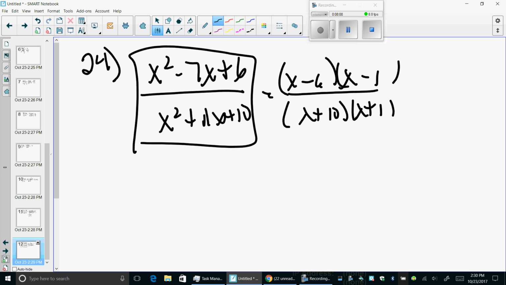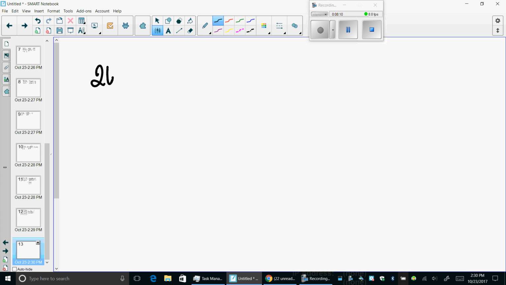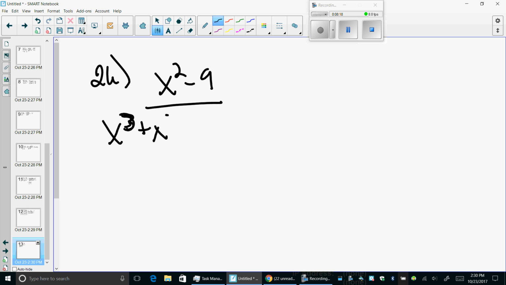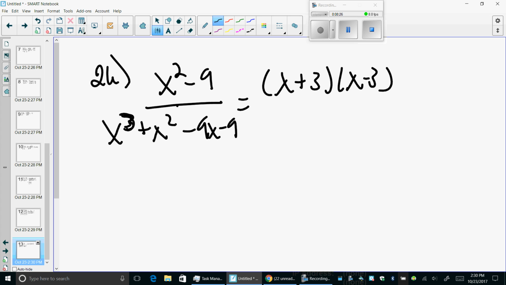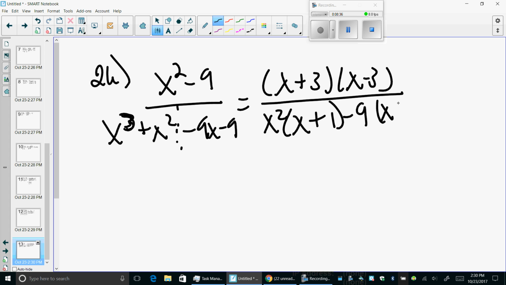Nothing can cancel. 26. The top is x squared minus 9. The bottom is x cubed plus x squared minus 9x minus 9. All right, the top is a difference of squares. That'd be x plus 3, x minus 3. The bottom I'm going to factor by grouping. The first two have a GCF of x squared, and that'll leave me with x plus 1. And then I have a negative 9, and that'd leave me with x plus 1.